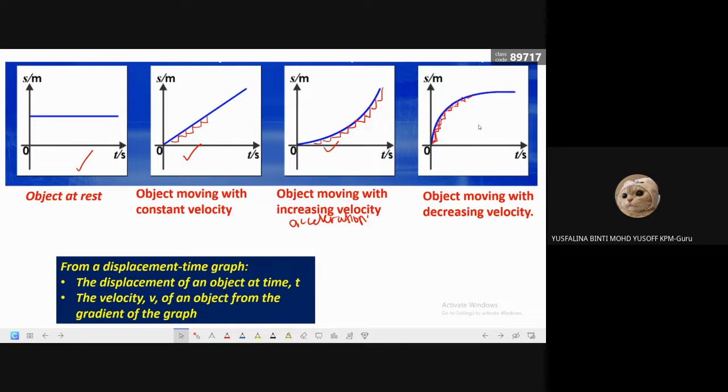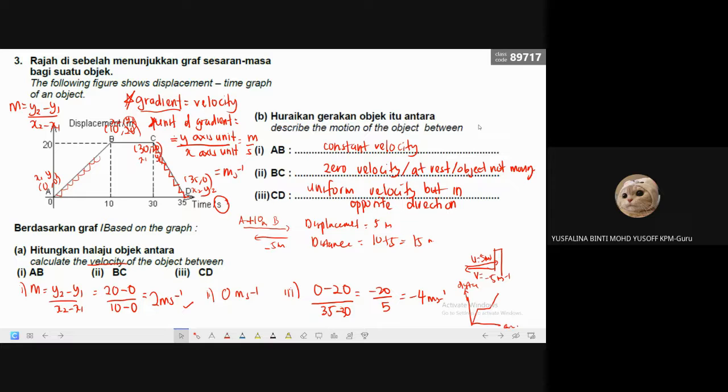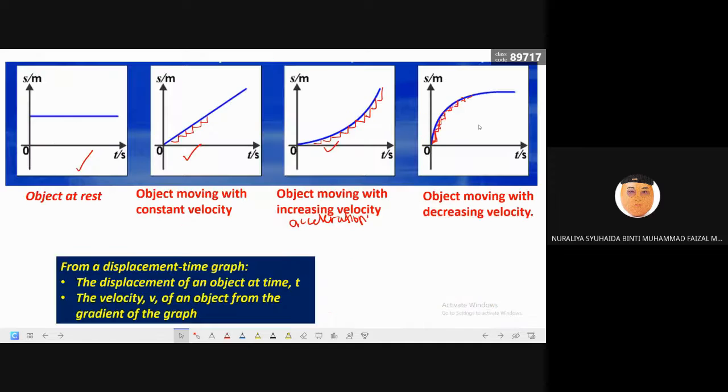Teacher, if the size of the triangle decreases, does the gradient decrease? Which one? Number 4. Yes, the gradient decreases. Okay, wait teacher. Alright, let me try to draw.